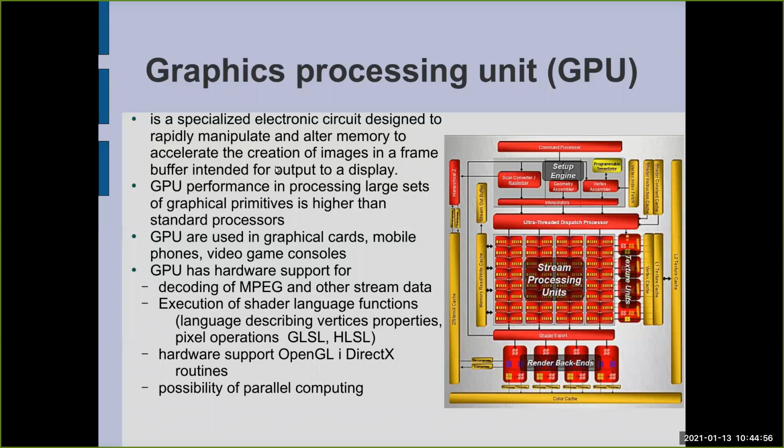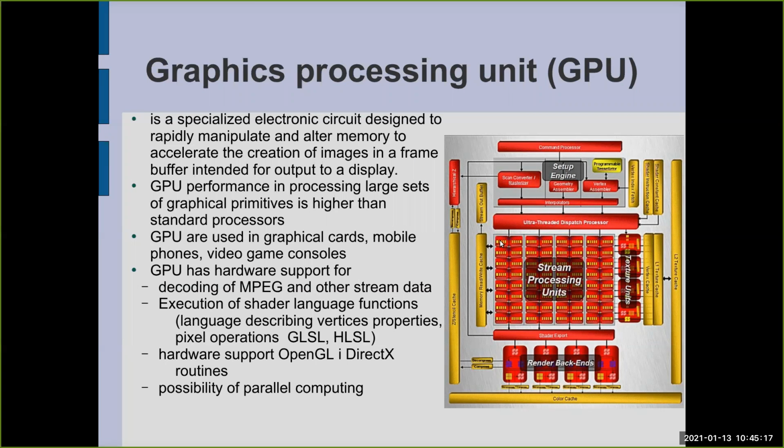The computer processor is a general purpose processor. It lets us perform many operations, but the GPU is a processor which has specialized units.